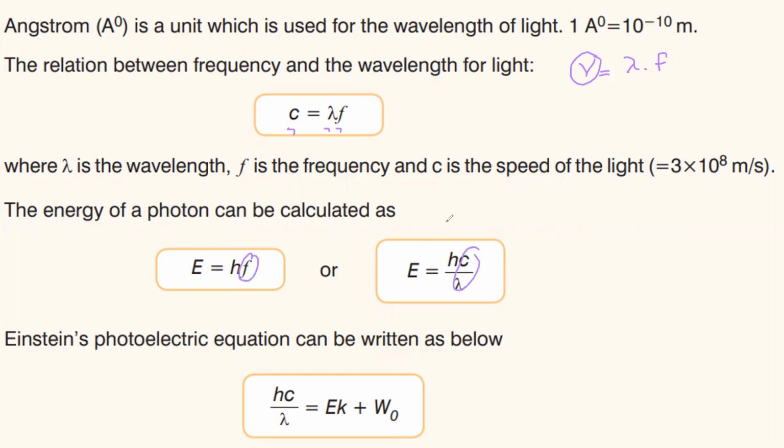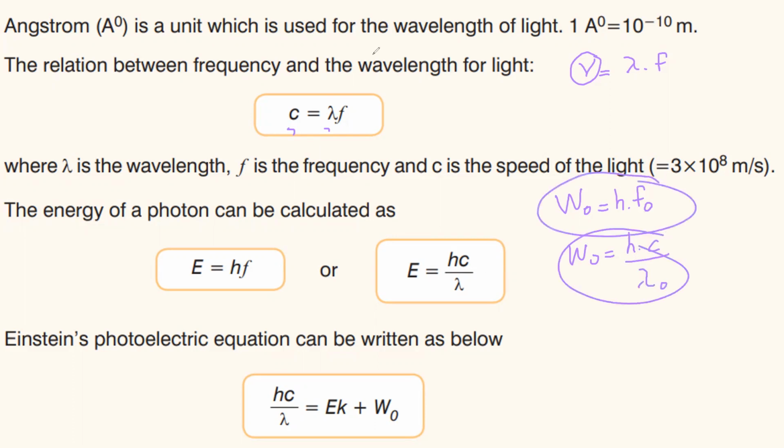Because of that, we can write two formulas for energy: hf or hc over wavelength. It is the same for work function. Work function is equal to h times f0, remember that. And then work function is equal to h times c over wavelength0. This formula you will have in the formula box. So we have done that.